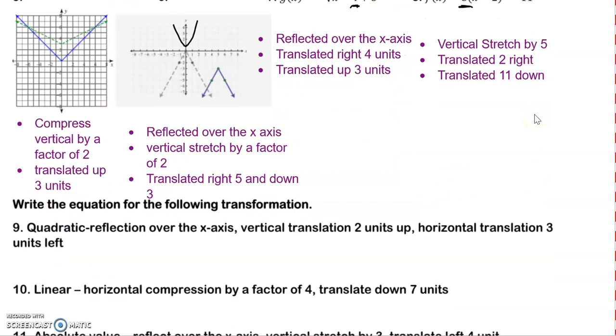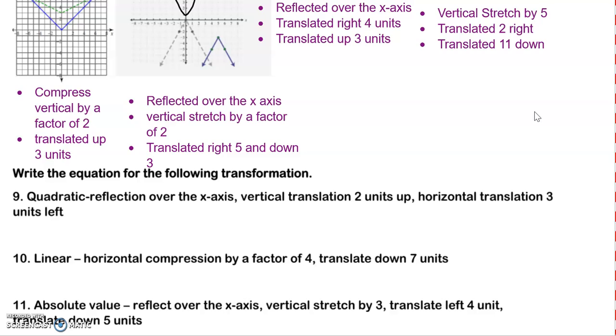So let's take all of that and put it together. Write an equation of the following transformations. A quadratic. It's a reflection over the x-axis, vertical translation 2 units up, and horizontal translation 3 units left. So I know it's going to be a y. If it's reflected, it's a minus.